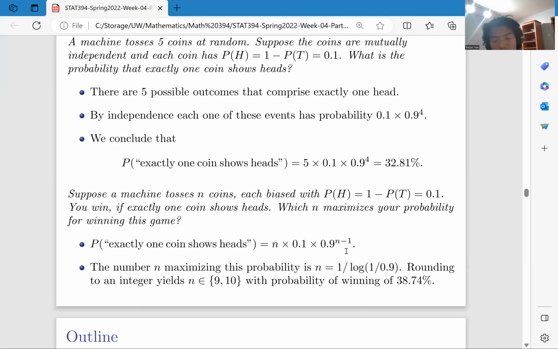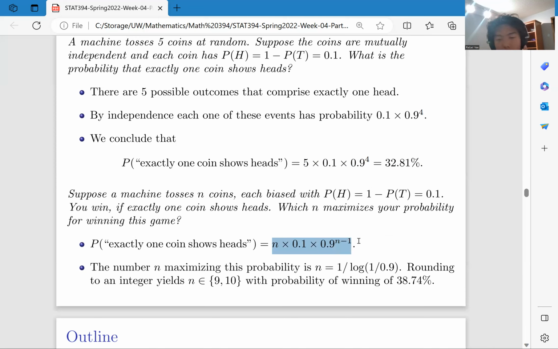We can just use n to denote how many coins there are. So the probability that exactly one coin shows heads is n times 0.1 times 0.9 to the power of n minus 1, following the same logical consideration as here. Okay. And we want to maximize this term. And how do we maximize it?